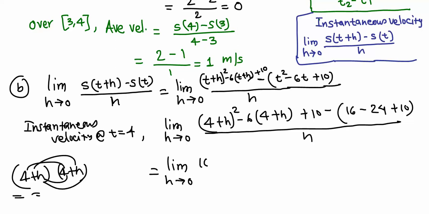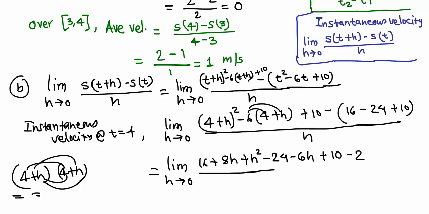We get 16 plus 8h plus h square. Minus 6, distribute this minus 6. Minus 24 minus 6h plus 10. We can simplify these numbers. 16 plus 10, 26, minus 24, 2. So minus 2, all over h.